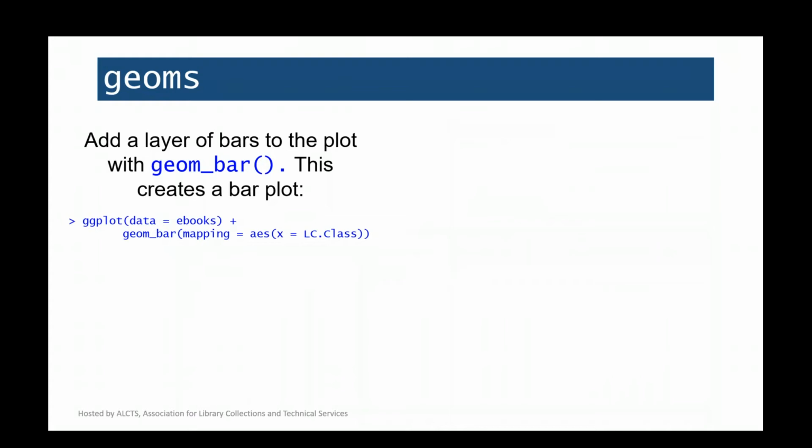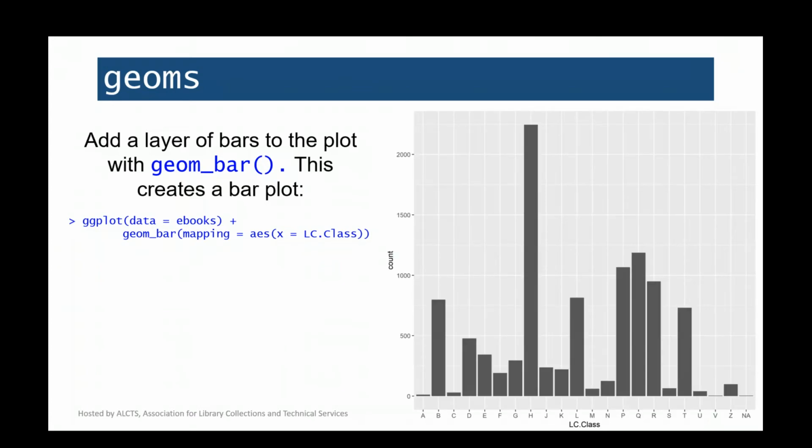So this is what it will look like, okay? We're adding layers of bars to this plot. So we call ggplot2 on our data, which is ebooks. Then we're adding a function of geom bar. And I'll explain what all of that means inside geom bar in a second. So essentially, we're telling it draw some bars on top of our canvas according to these specifications.